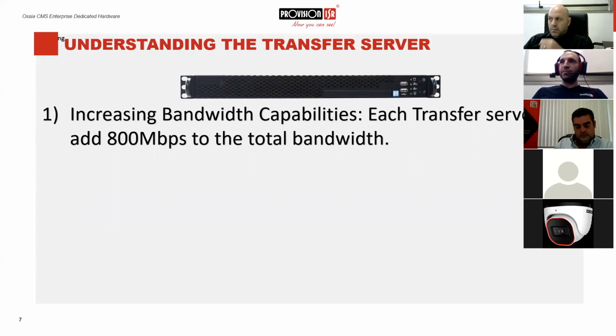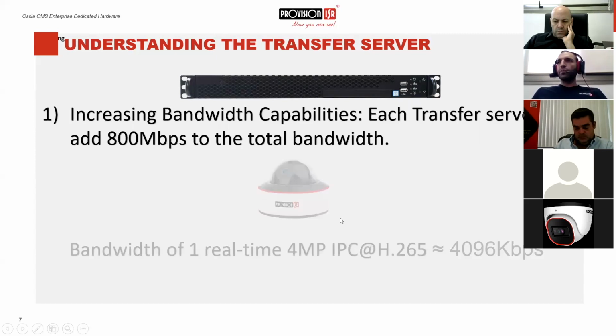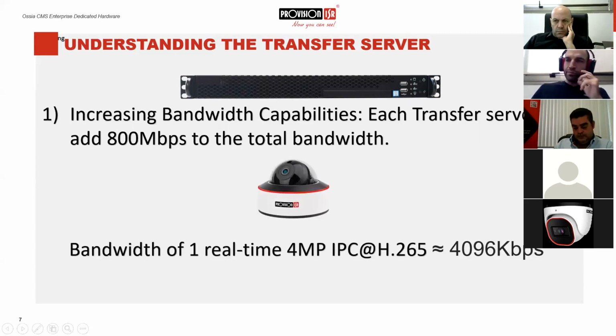Each transfer server adds approximately 800 megabit per second to the total bandwidth. What does it mean? For example, one real-time 4 megapixel IPC at H.264 is about 4096 kilobit per second.